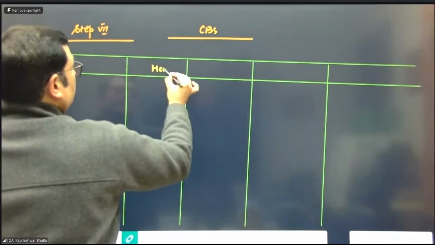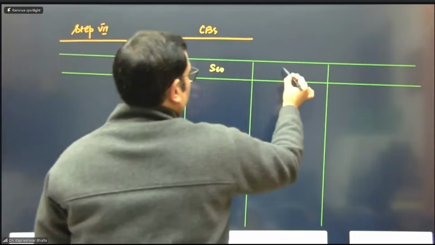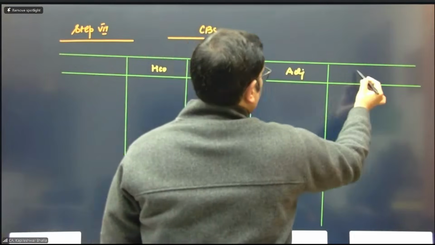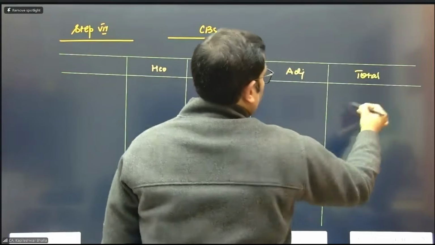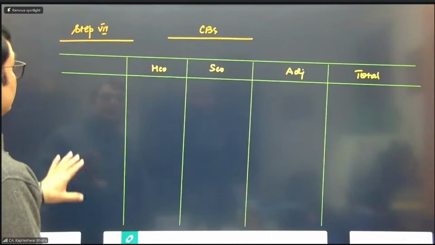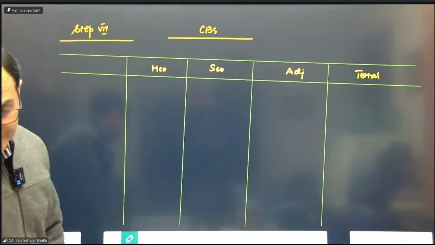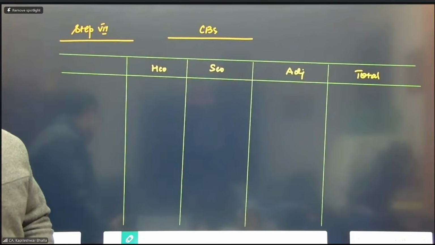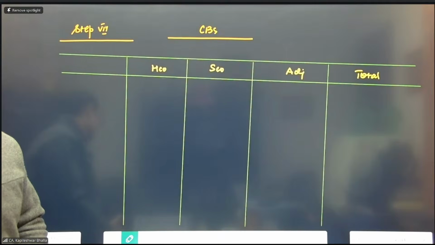So holding company, subsidiary company, we get the adjustments and the consolidation, that is total. Let's start with the assets side of the balance sheet. I now need the information.